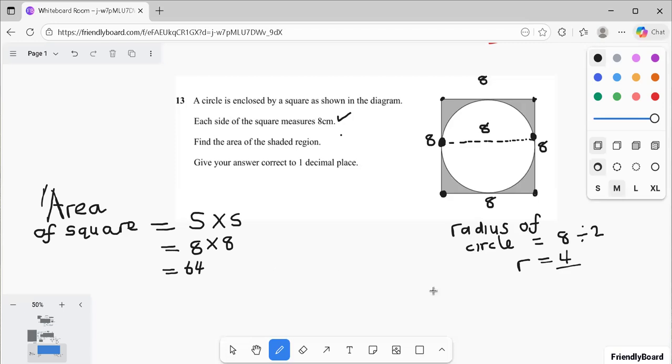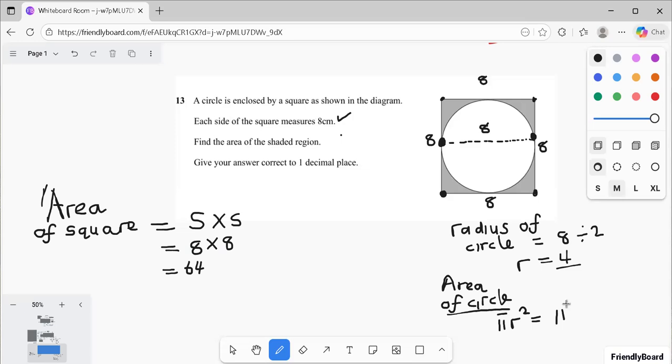Now I need to find the area of the circle. For me to find the area of the circle, I just apply the formula for area of the circle, which is pi r squared. I've already calculated my radius there. So I'll just input the values.